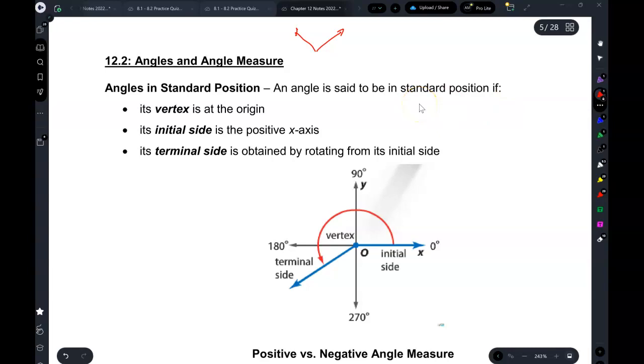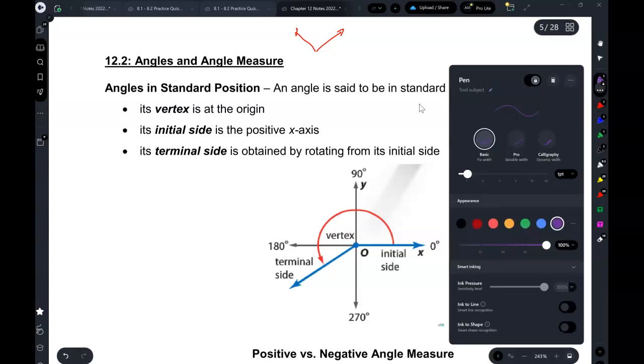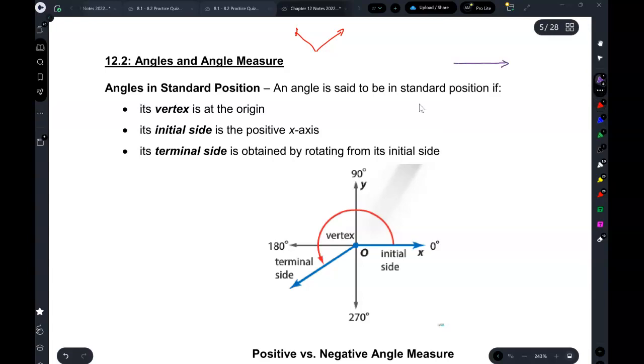So an angle, first of all, is formed by having a ray. So this is a ray. Now imagine if you clone that ray, so now there is a second ray on top of it. And when you clone that ray, imagine you rotate it, and then it stops at some point.